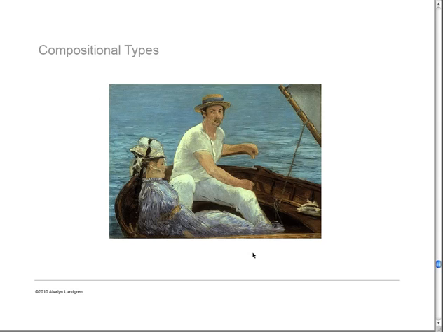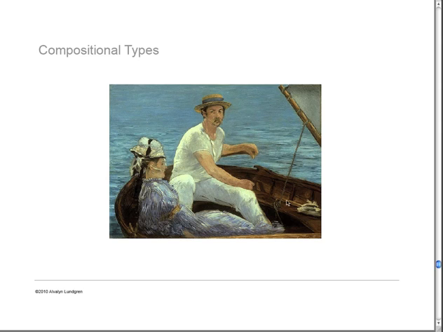And this is a Manet, and this is an open composition allowing us to be actually in the boat, or in a boat next to this couple. I'm not sure he's looking real happy about it, but there's a story to be told here, and we are basically being addressed by the guy and engaging with the couple fairly easily because it is an open composition.